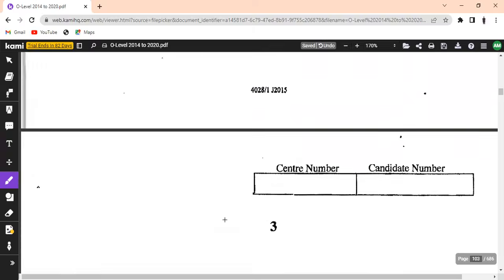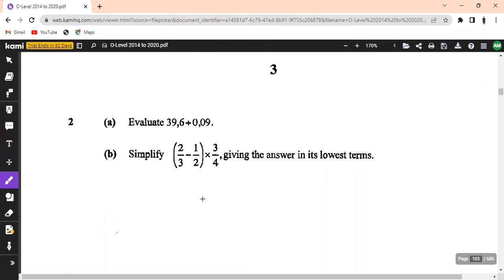And let's cross-check the other part, evaluate. This is a division here. We are dividing. These two, they are dividing. So take note, it's not a plus there. So it's 39,6 divided by 0,09. As you can note, we have to get rid of the decimal places which are in the denominator, and we've got 1, 2.